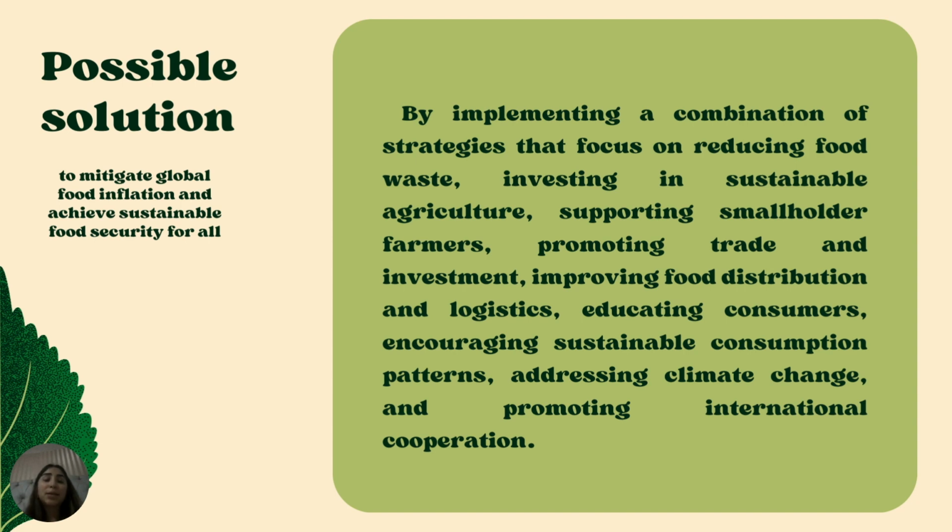This is by implementing a combination of strategies that focus on reducing food waste, investing in sustainable agriculture, supporting smallholder farmers, promoting trade and investment, improving food distribution and logistics, educating farmers, educating consumers, encouraging sustainable consumption patterns, and addressing climate change and promoting international cooperation.